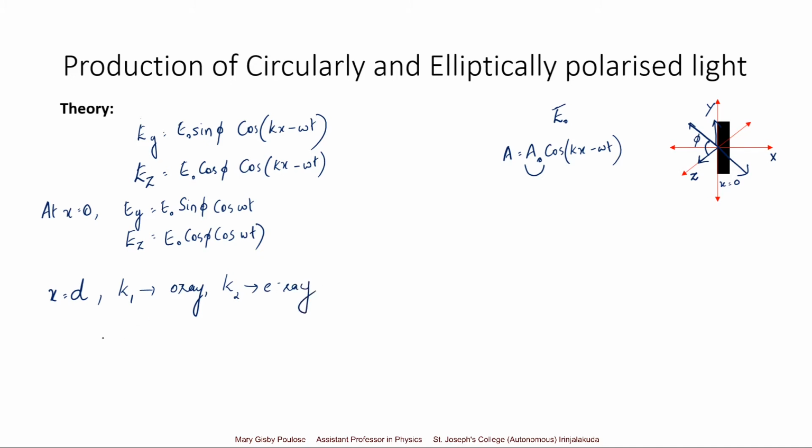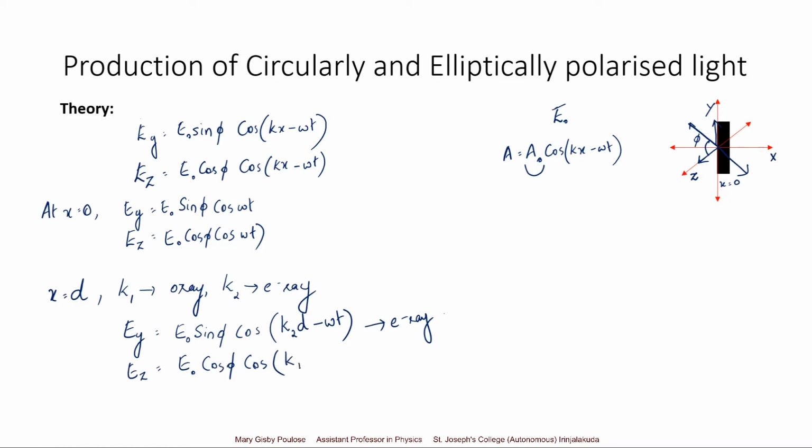Hence, we can write Ey equal to E naught sine phi cos of (k2 d minus omega t) for the E ray, and Ez equal to E naught cos phi cos of (k1 d minus omega t) for the O ray.